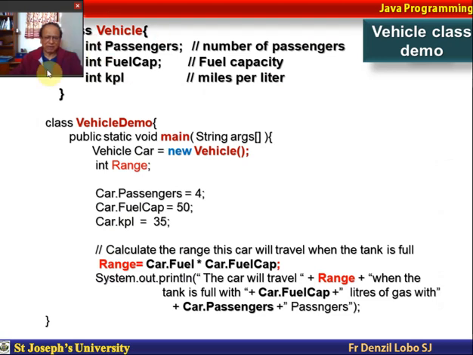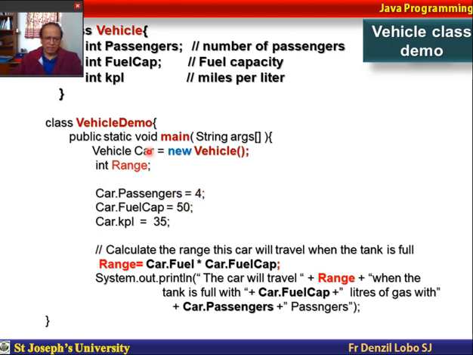So this is my class called vehicle. I'm doing the demo now, vehicle demo. In this main, I create an object called car, as I've shown you earlier. Then I've got one more variable called range, how many kilometers it is going to run. Now I'm assigning values.